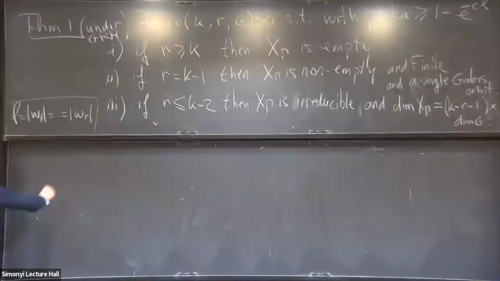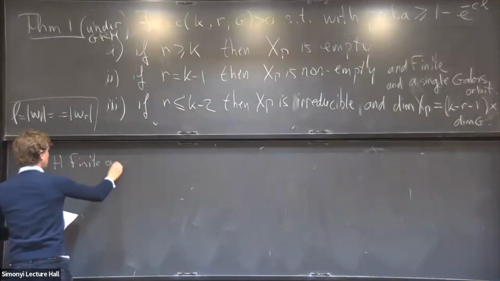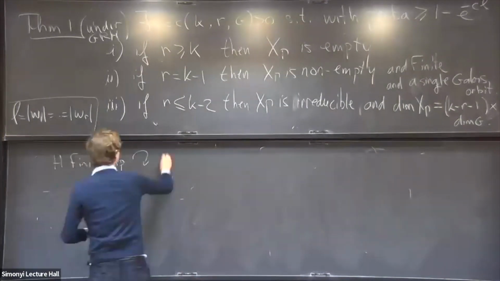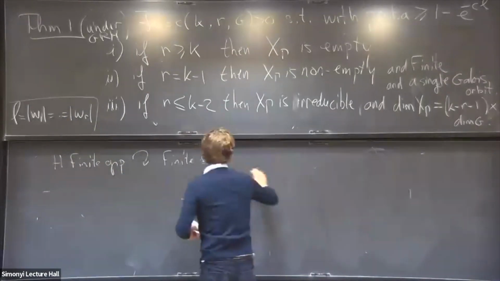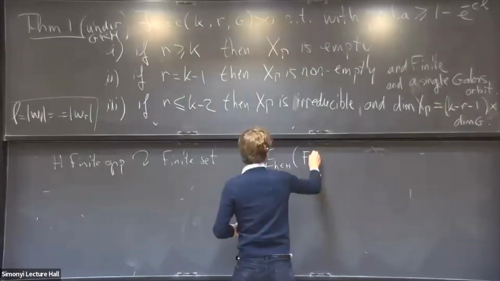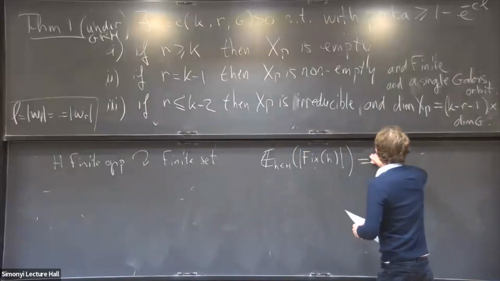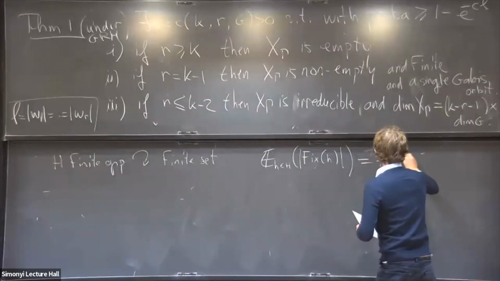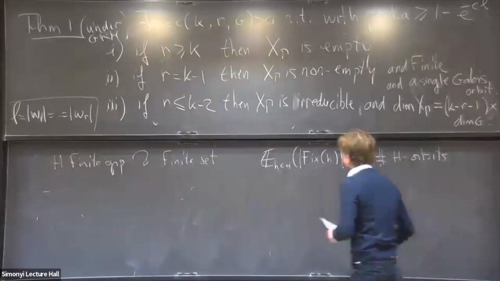And it's the fact that if you have a finite group acting on a finite set, then the average number of fixed points of H is equal to the number of orbits. Okay.